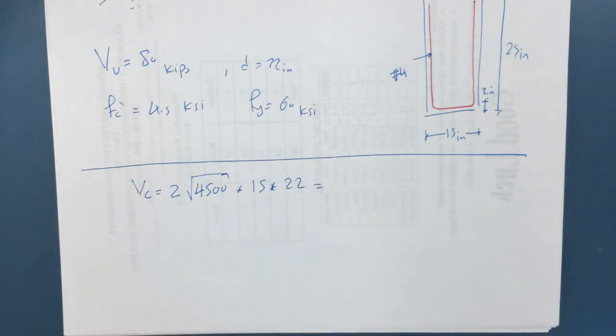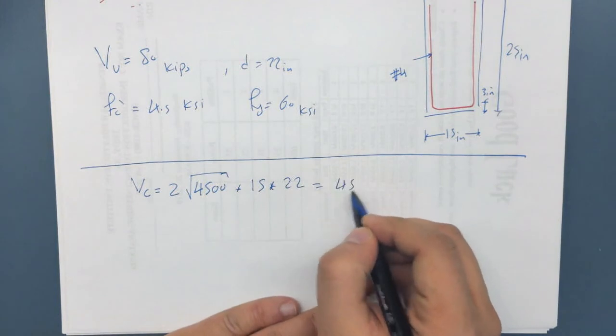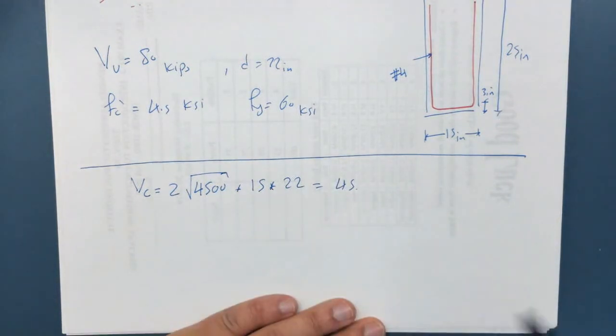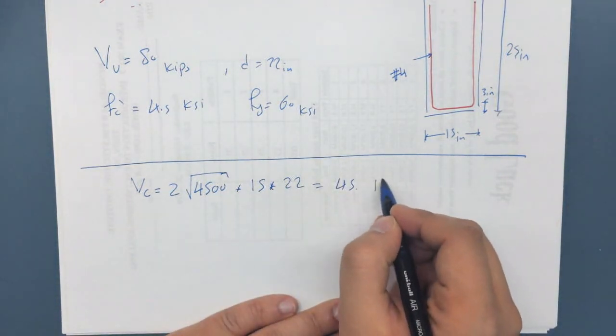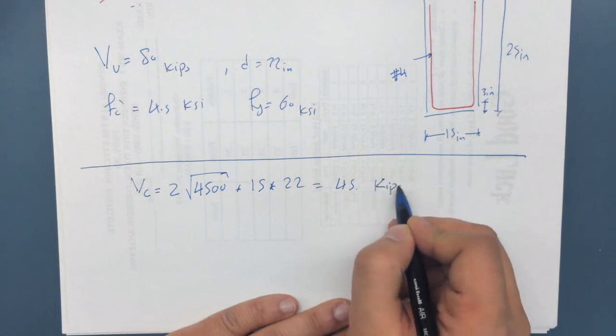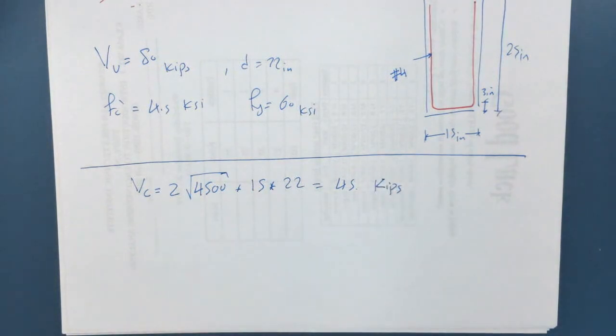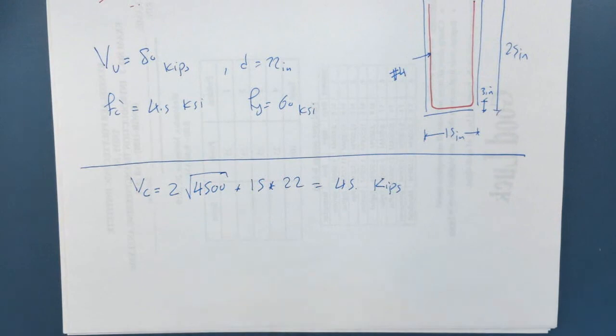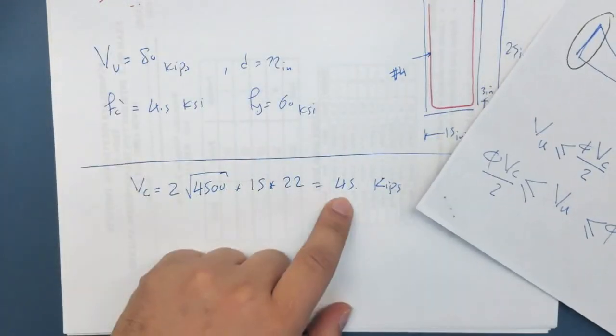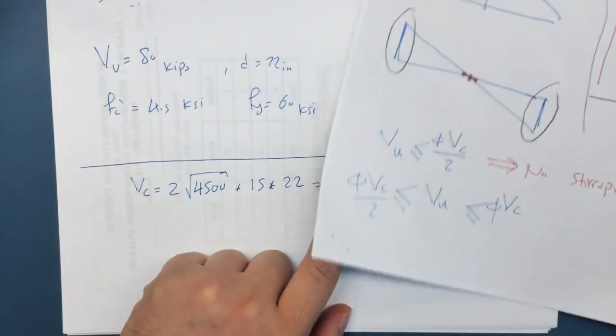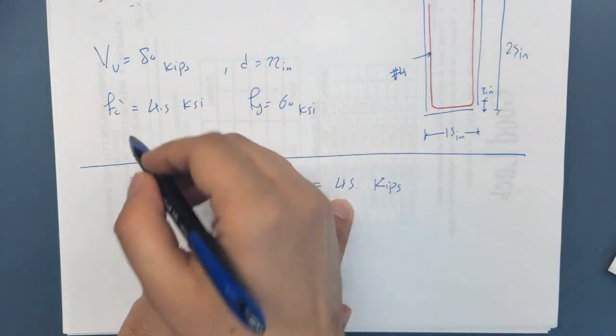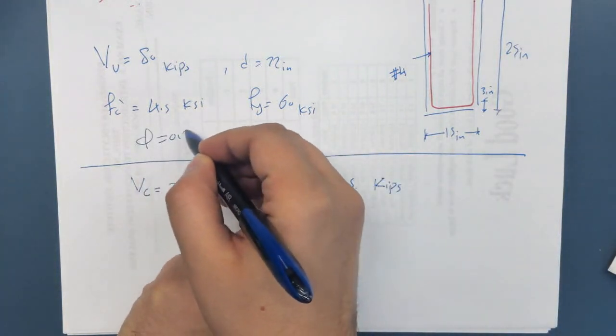This is going to add up to 45,000 pounds, so 45 kips. So is this less than half phi Vc, where phi is equal to 0.75? Absolutely not.